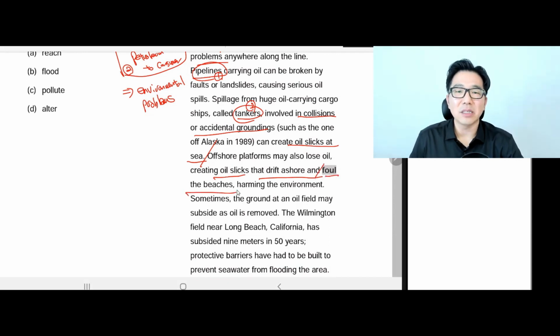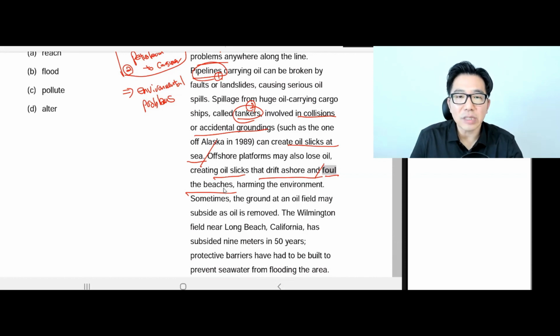Yeah, foul here means like pollute or damage, environmentally damage the beaches, wouldn't it? Right? If the oil from the offshore platform gets leaked, and if it drifts to the beach or shore, then what's going to happen to the beach?